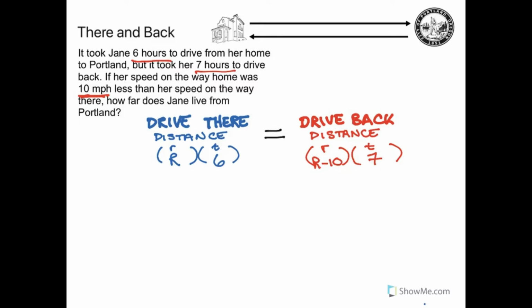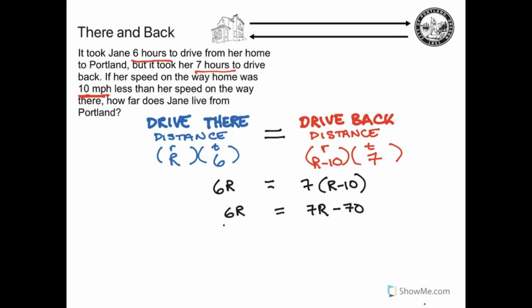Well, let's write it out and solve it. R times 6 is written 6r, and that's equal to 7 times r minus 10. Distributing the 7, we have 7r minus 70 equals 6r.